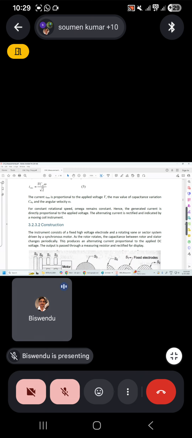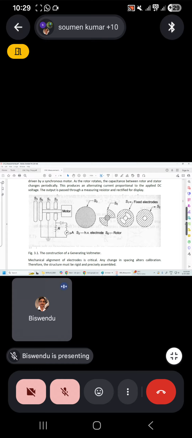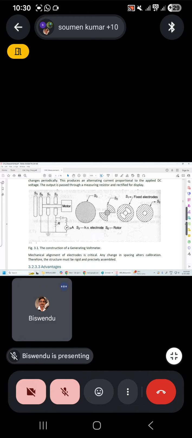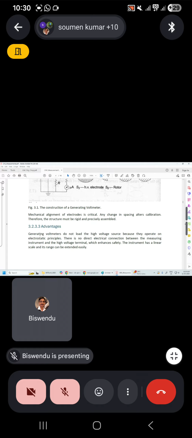So what is its advantage? This microampere, we can rectify the alternating current and measure this. What is the advantage? Generating voltmeters do not load the high voltage source because they operate on electrostatic principles. It is not touching.